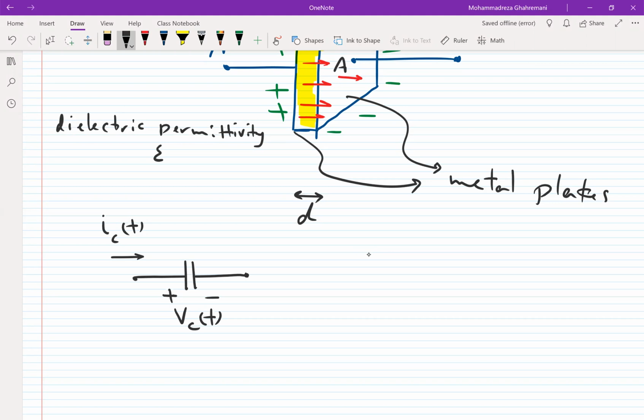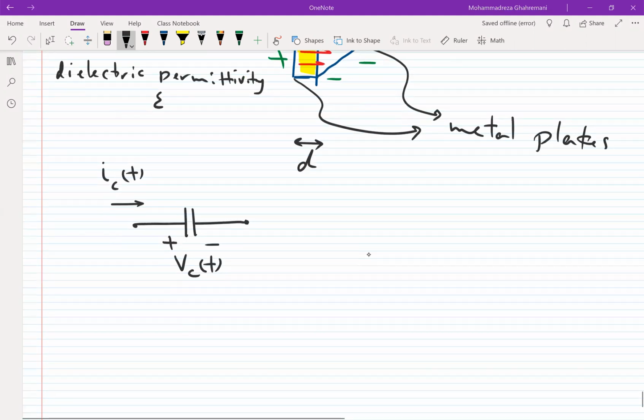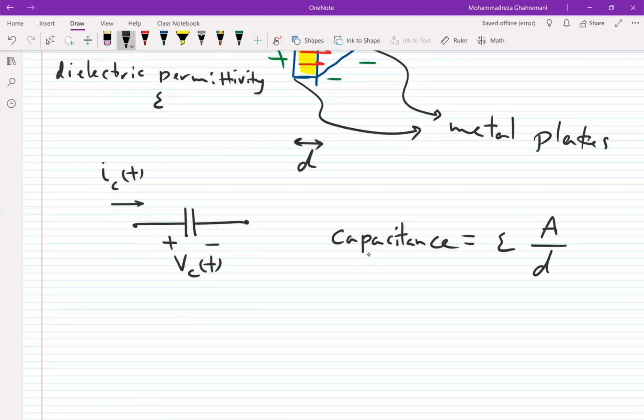The capacitance of a capacitor determines the amount of energy that can be stored in a capacitor, and the capacitance is equal to epsilon A over D. So by using dielectric materials with higher permittivity, we can have stronger capacitors, or by increasing the surface area or decreasing the distance between the plates, we can achieve more capacitance.